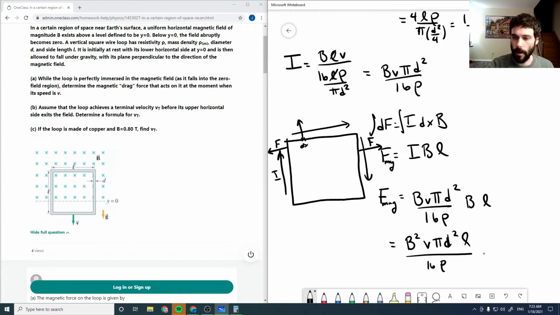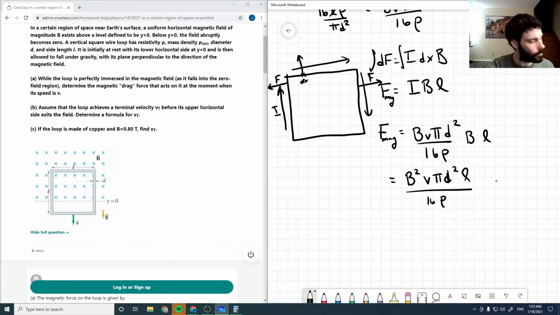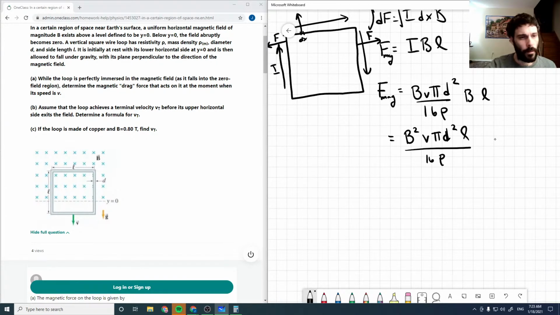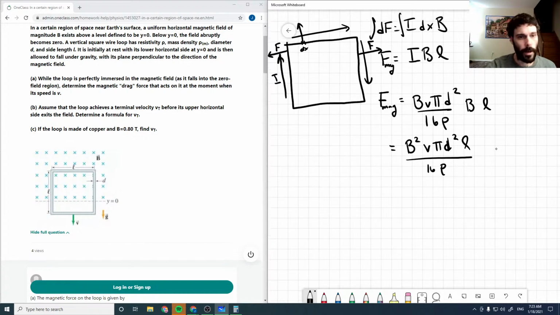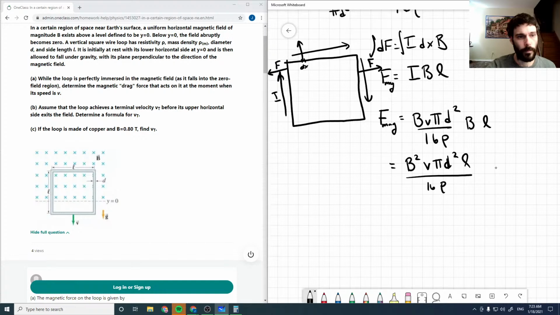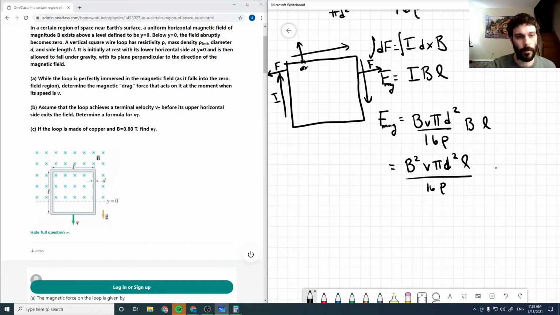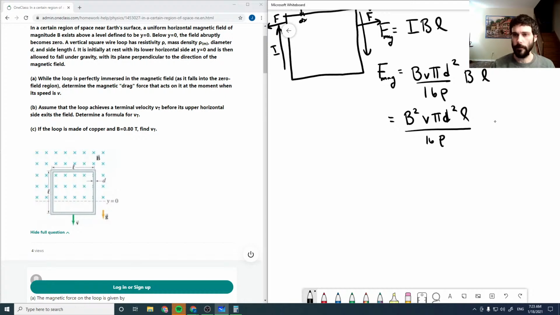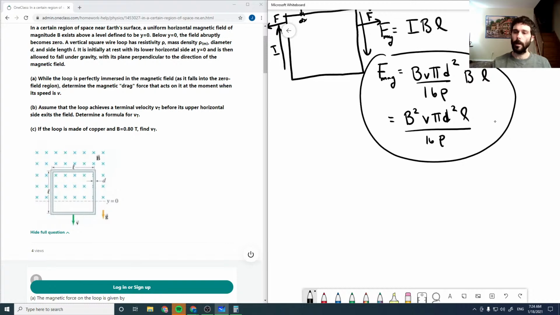And so that's our magnetic force. That's our full answer to A.